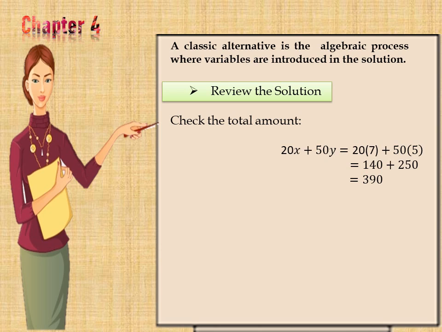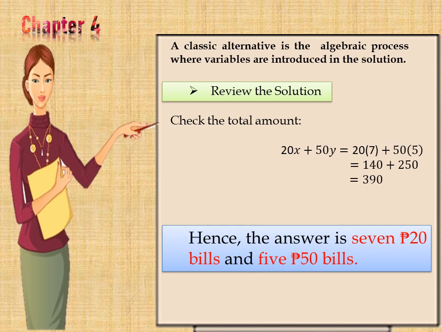And the total is 390. Therefore, our final answer is 7 20 peso bills and 5 50 peso bills.